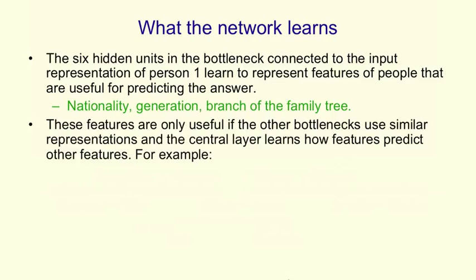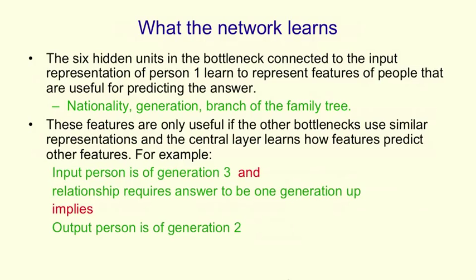Of course, those features are only useful if the other bottlenecks, the one for relationships and the one near the top of the network before the output person, use similar representations. And the central layer is able to say how the features of the input person and the features of the relationship predict the features of the output person.